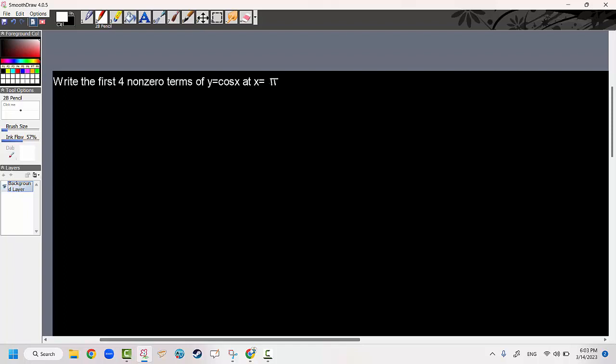Okay, and here we are, right? The first 4 non-zero terms of y equals cos x at x equals pi. So, again, Taylor series, we're not centered at 0. We've got to do our Taylor series interpretation.